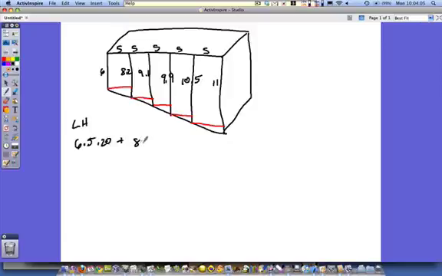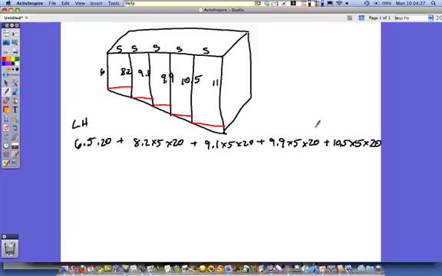The next one, 8.2 times 5 times 20. The next one, 9.1 times 5 times 20. The next one, 9.9 times 5 times 20. And the next one, 10.5 times 5 times 20.